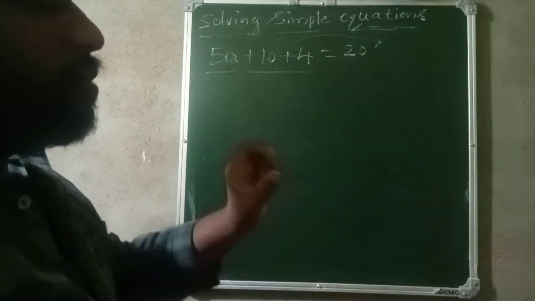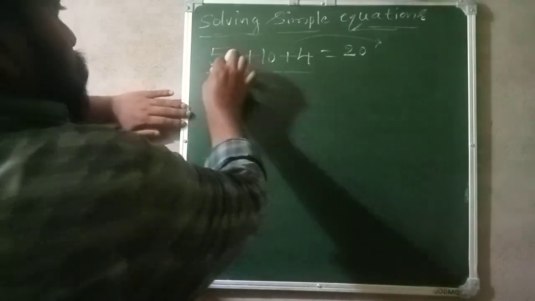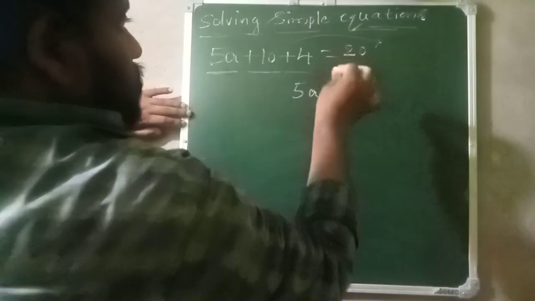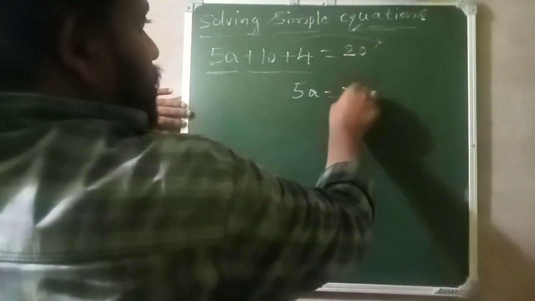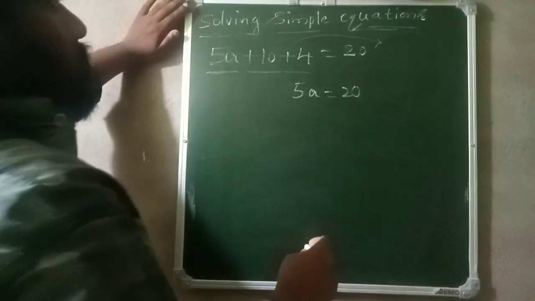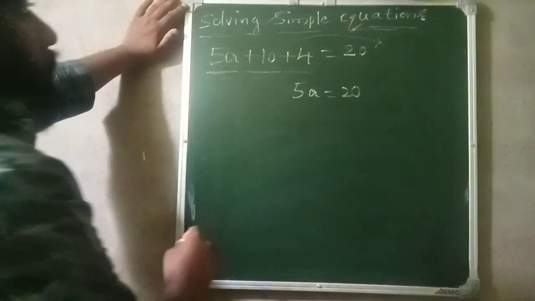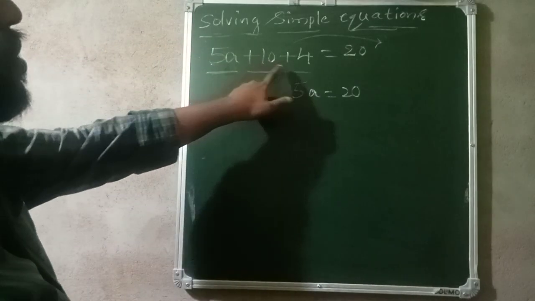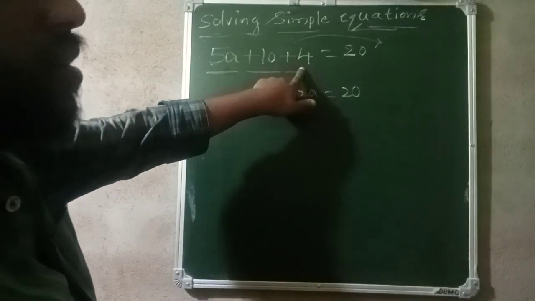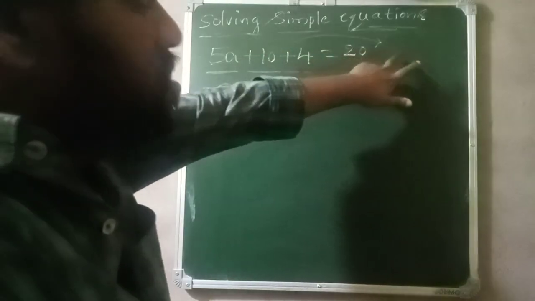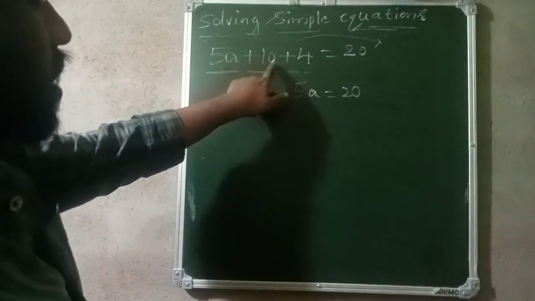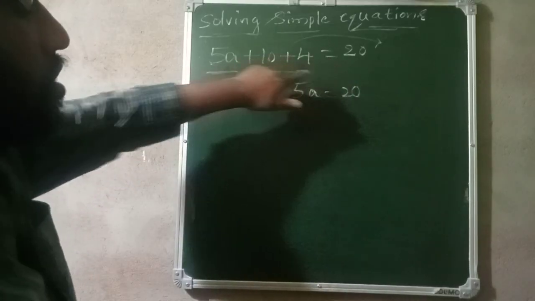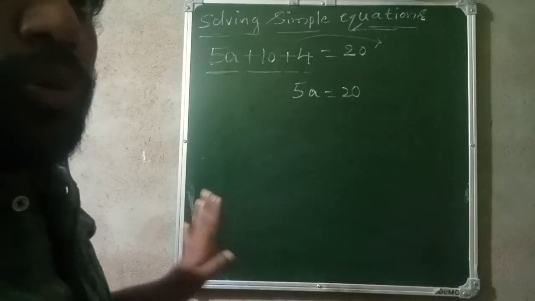In the next step, before moving, first write this 5a and the equal sign, and next write 20 as it is. Before moving this plus 10 plus 4 to this side, you better simplify this 10 and 4 first, on this side only. After simplifying, you can move. That is best.